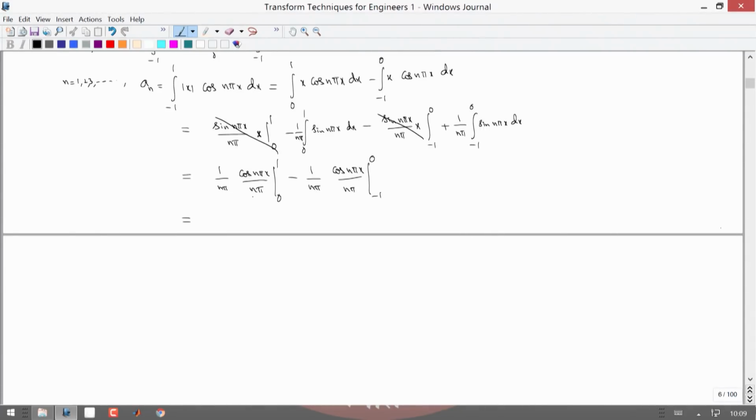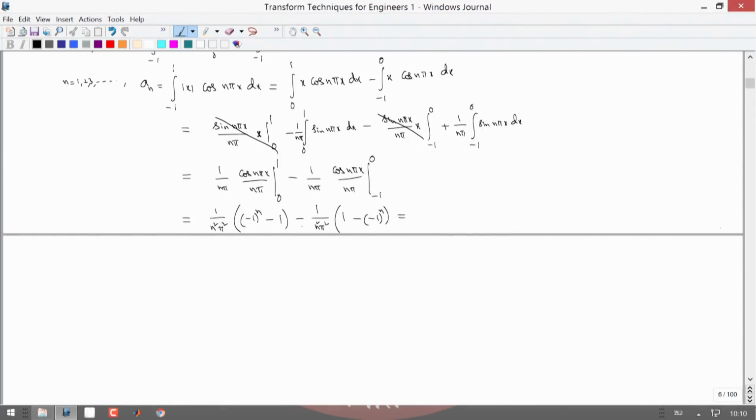So, if you actually calculate this, this is 1 by n square pi square, cos n pi is (-1)^n, minus cos 0 is 1, and you have here again n pi whole square, that is n square pi square, cos 0 is 1 minus, so cos(-n pi) is cos n pi, that is again minus of (-1)^n.